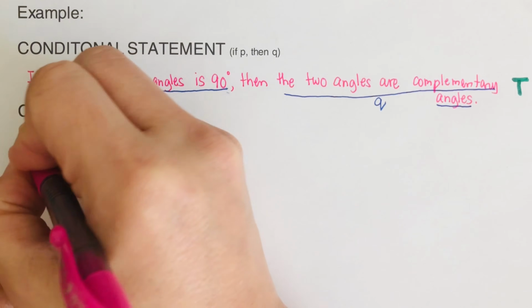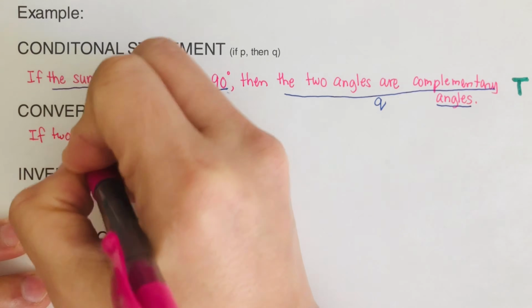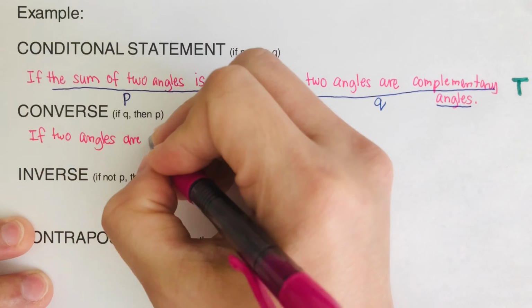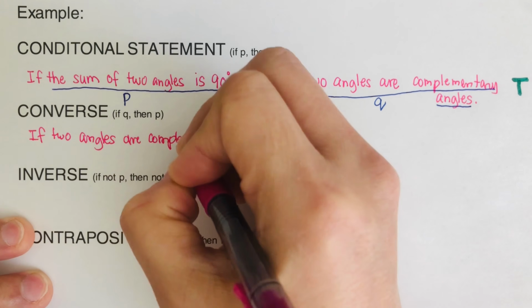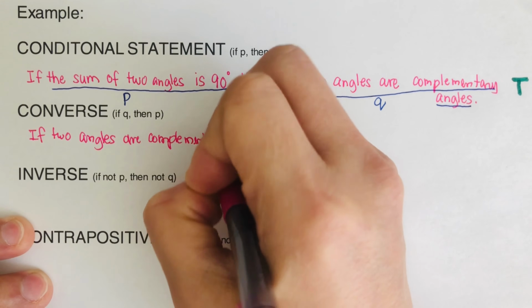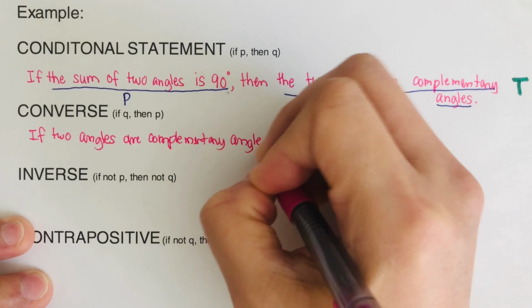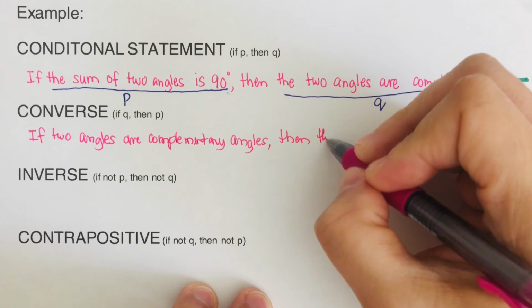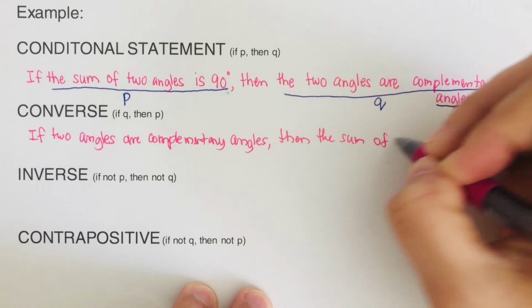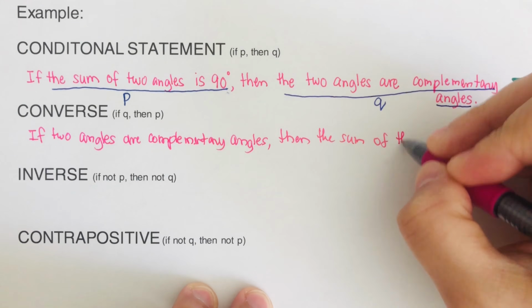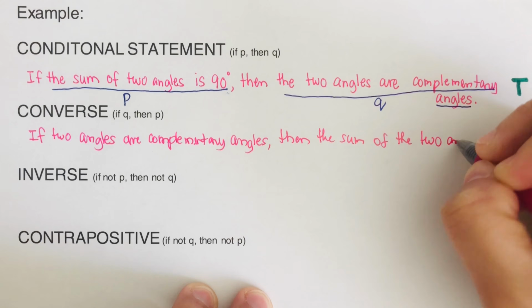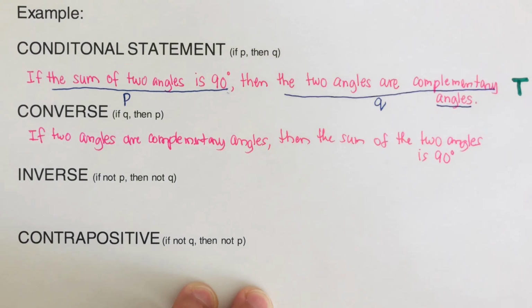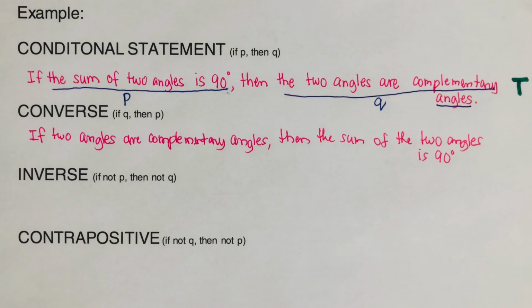So if two angles are complementary angles, then the sum of the two angles is 90 degrees. Is this true or false?